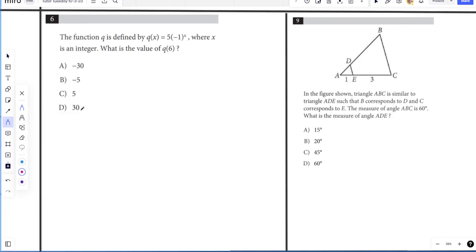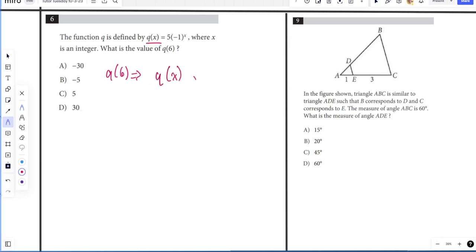The function q is defined by q of x equals 5 times negative 1 to the power x, where x is an integer. What is the value of q of 6? So guys, if you're taking the SAT, you need to know about function notation. q of 6 just means that we're evaluating the function q of x when x equals 6.